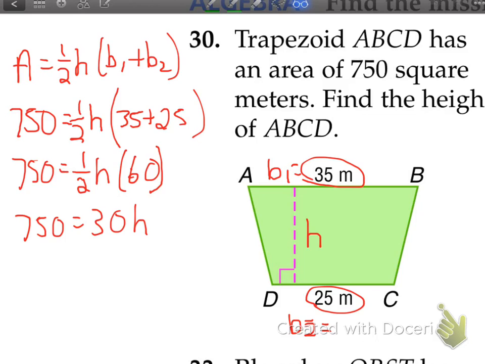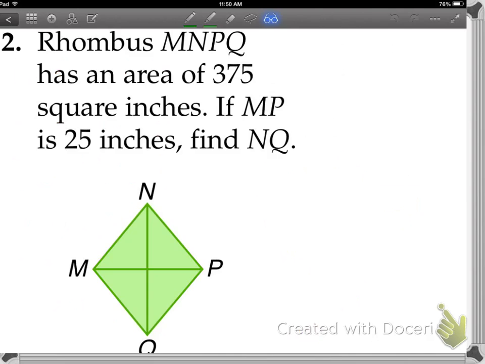If we divide both sides by 30, we get the height of this guy. 750 divided by 30 is 25. So the height is 25, and since we started out with meters and everything else, we're going to be in meters here. 25 meters.